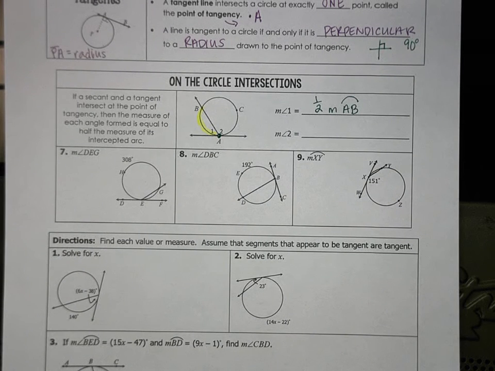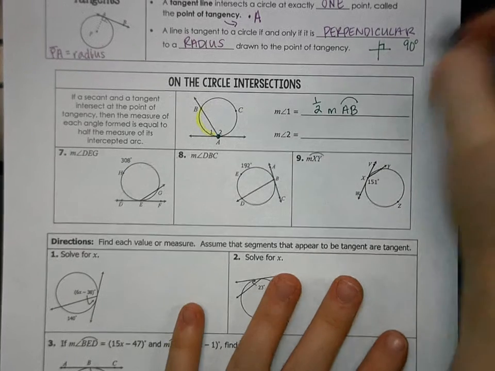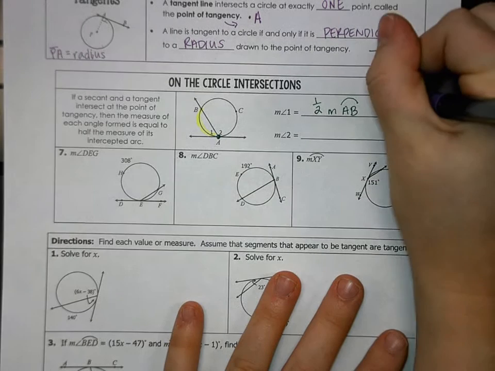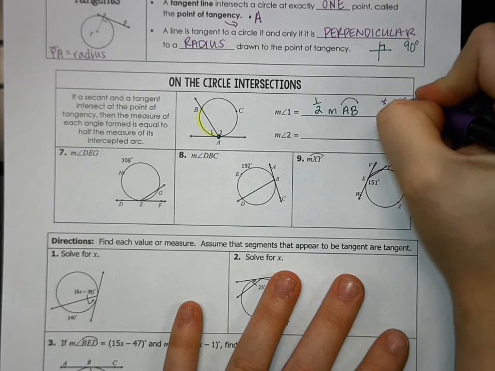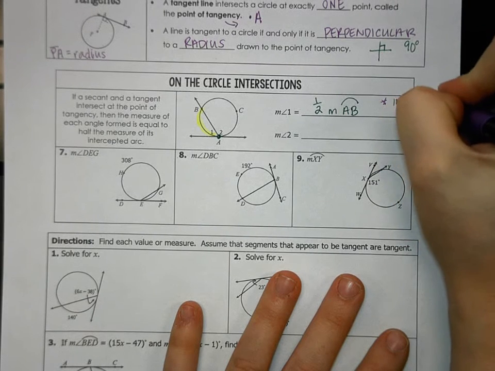What other angles did we learn about that were half the measure of its arc? Starts with an I. It was on the homework. Inscribed angles. So if you want to make a note, inscribed angles have the same relationship.